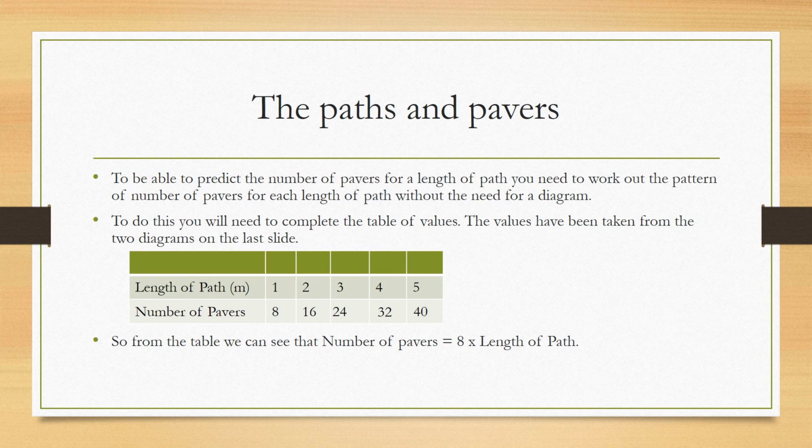That's our linear relationship. We could even do a graph of this to show, for a length of path, how many pavers would be required. And as I've said, this is the linear relationship between the number of pavers and the length of the path.